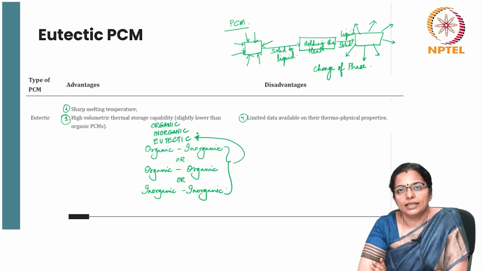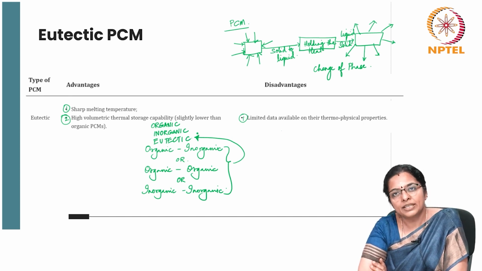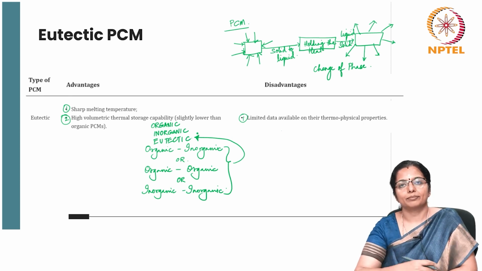So, with this learning, we will stop our class today and continue our next class with phase change material. So, our next class will be a continuation of the same topic. Thank you.